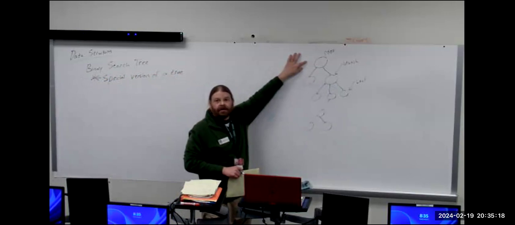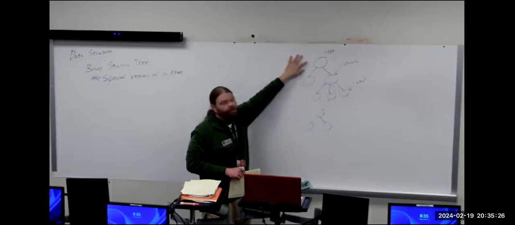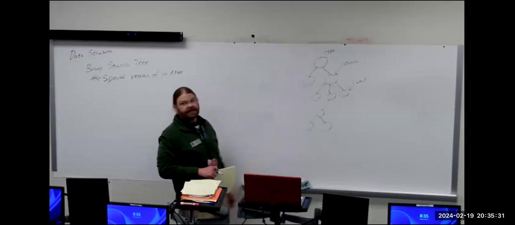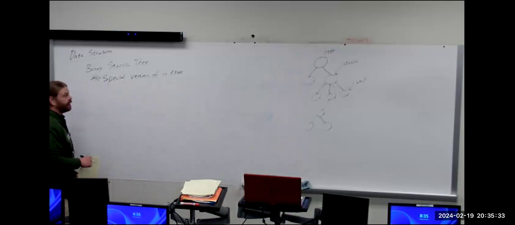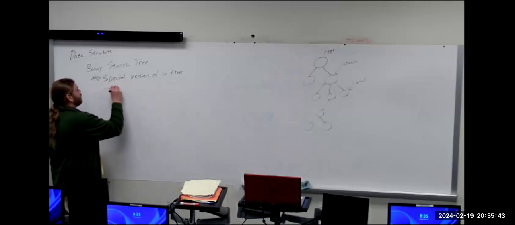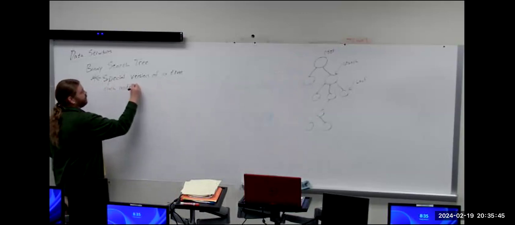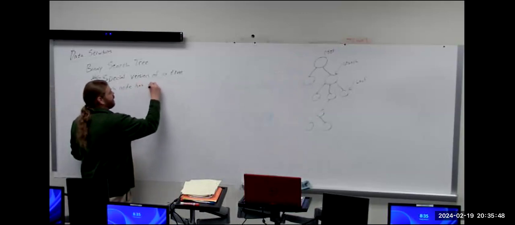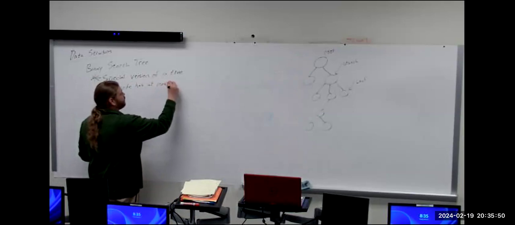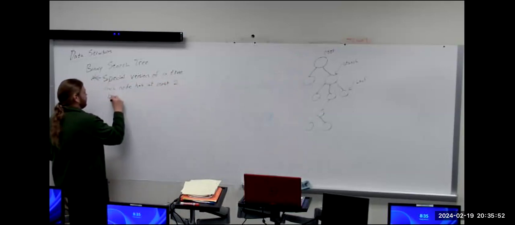So our directory structure on our computer, where we organize all our files and folders. Websites would often be organized in this sort of structure. Lots of places it gets used. But a binary search tree is a special type of tree where each node has at most 2 branches.